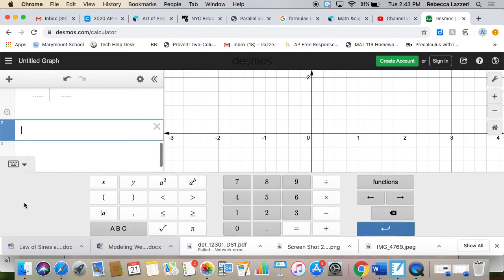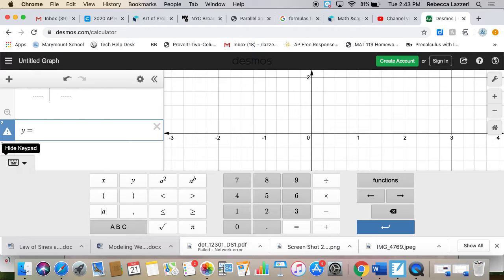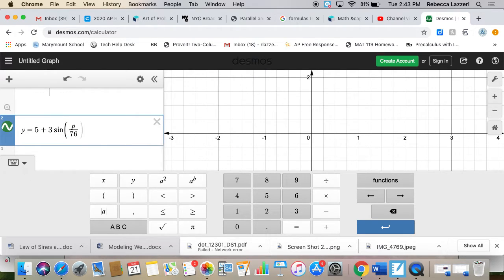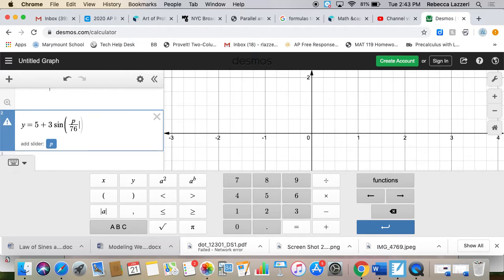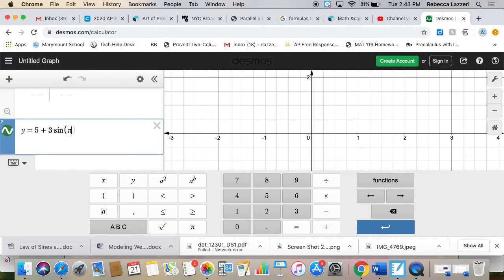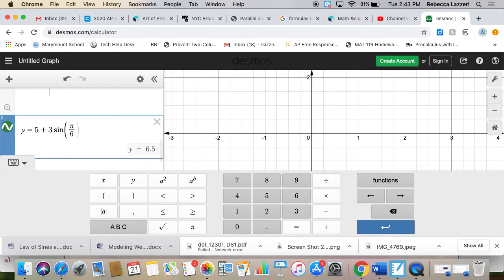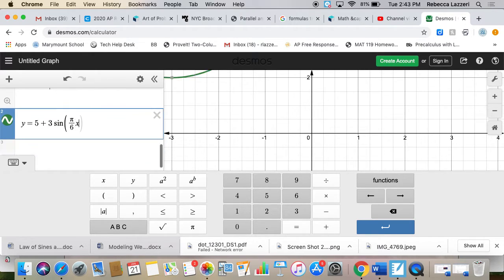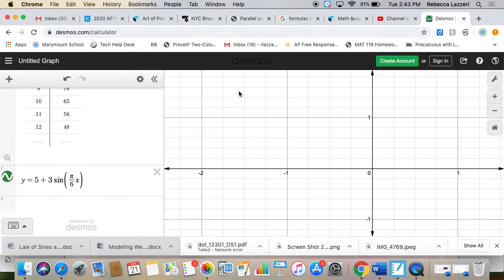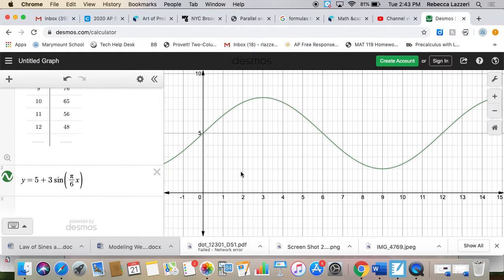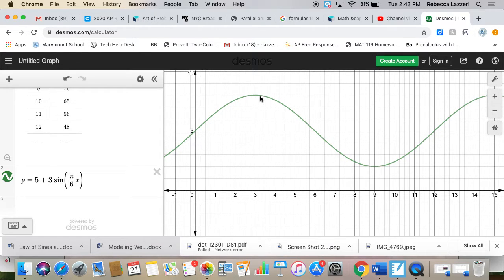Y equals 5 plus 3 sine pi over 6 x. If I just left it like that, this graph's peak occurs at 3. Those of you that have a sheet of paper in front of you, did something happen that was weird?